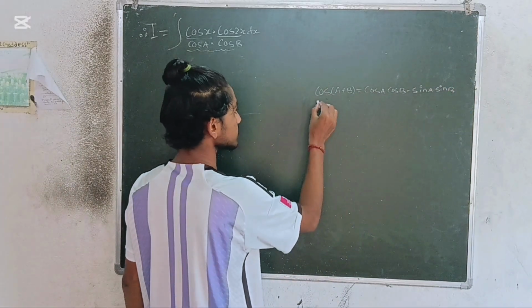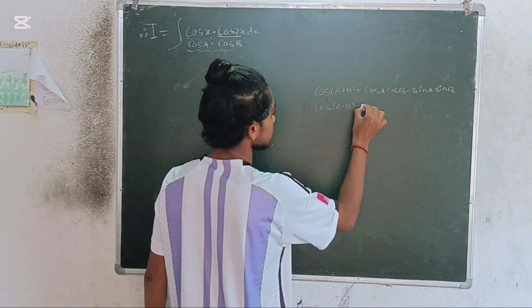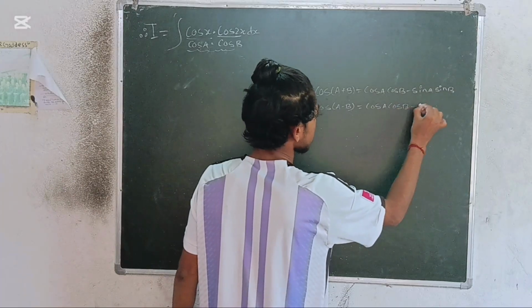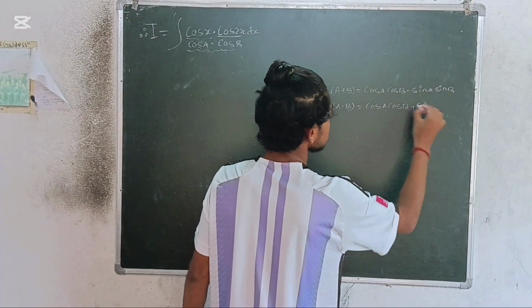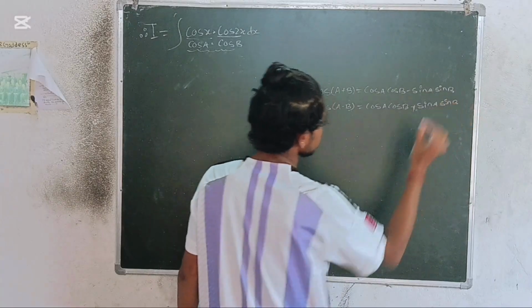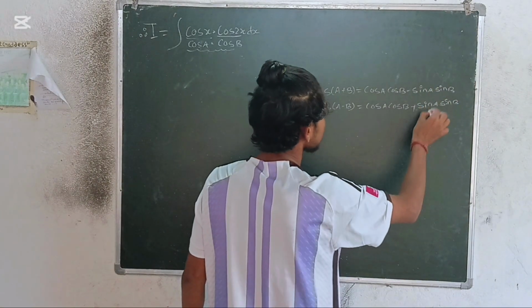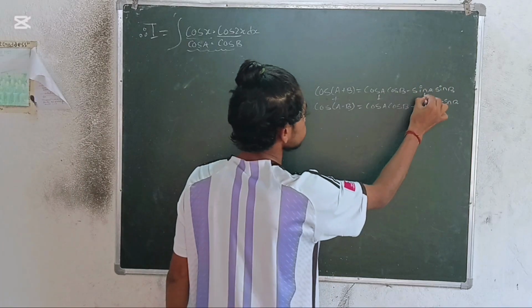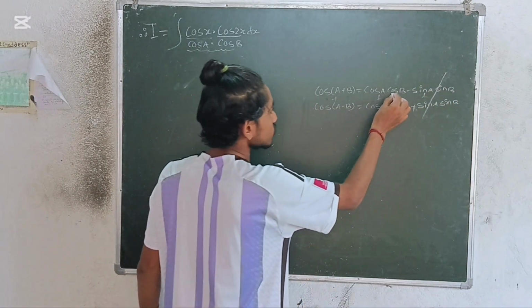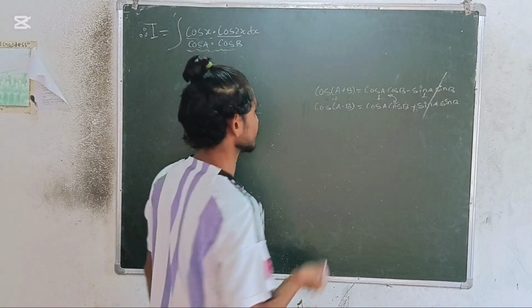This is our first identity, and we can also write cosine of A minus B as cosine A cosine B plus sine A sine B. Now we are going to add these two equations. When we add, the sine terms cancel out and the cosine terms add up to give a factor of 2.